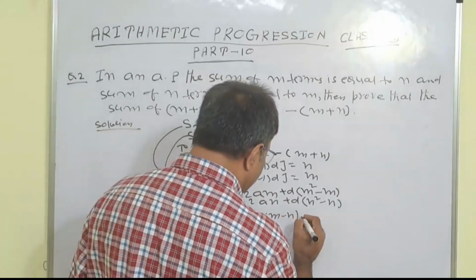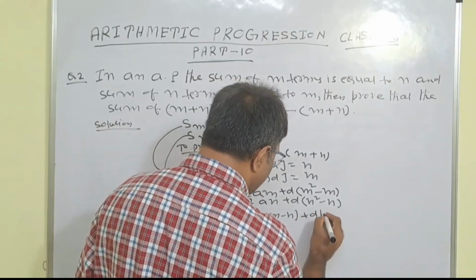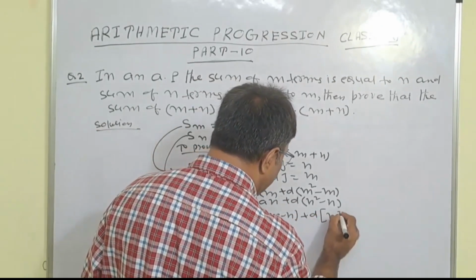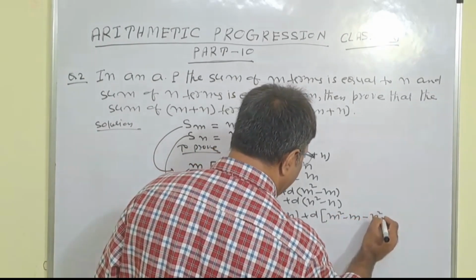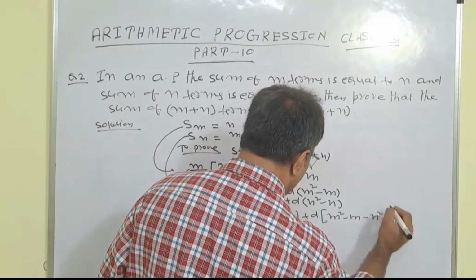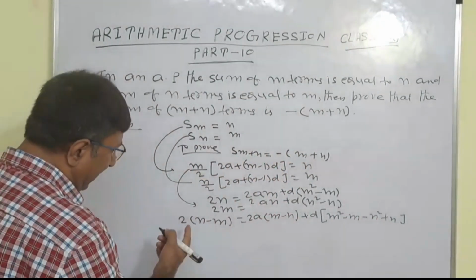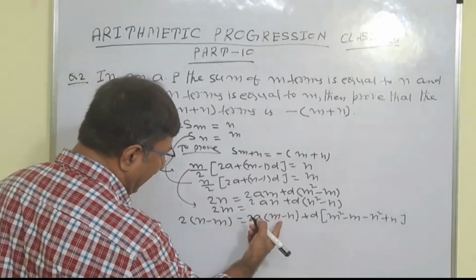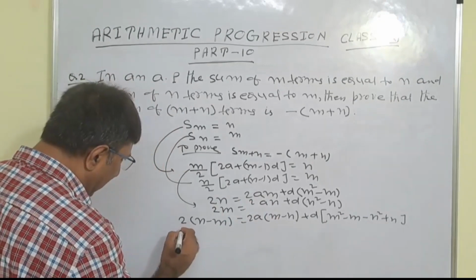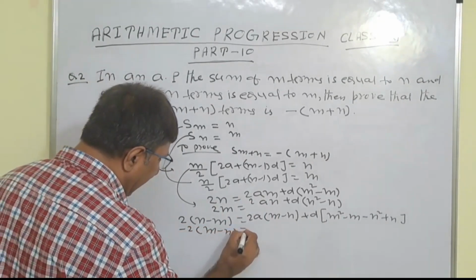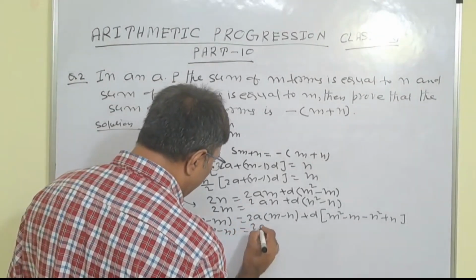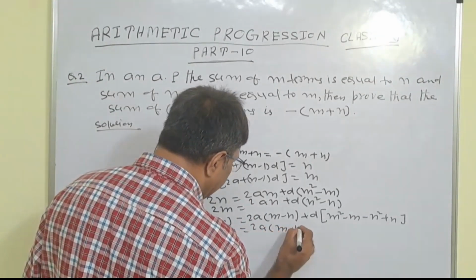And then here d is common, so we can write (m square minus m) and here minus n square plus n. Okay. Now you can see here n minus m, here m minus n. So we are just taking common minus 2, so this is (m minus n), and this equal to 2a(m minus n).